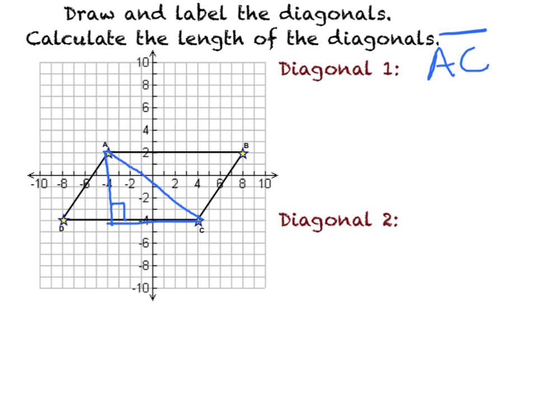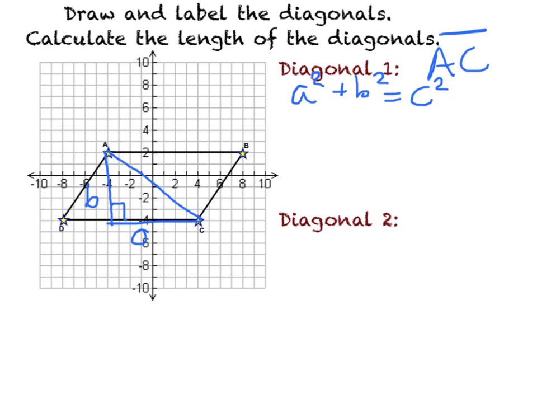I'm going to use the formula a squared plus b squared equals c squared. So what I'm going to need to do here is calculate the length of both of those sides. So if I count up from A, it is 1, 2, 3, 4, 5, 6 units high, and it should be 8 units long this way.